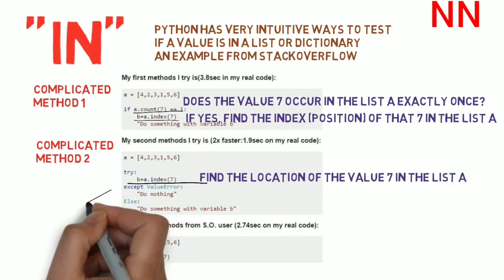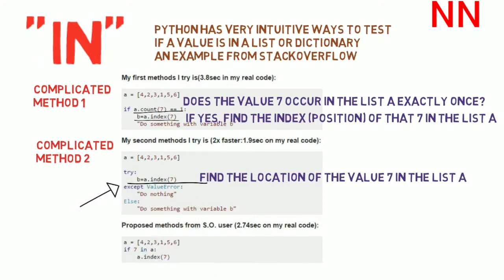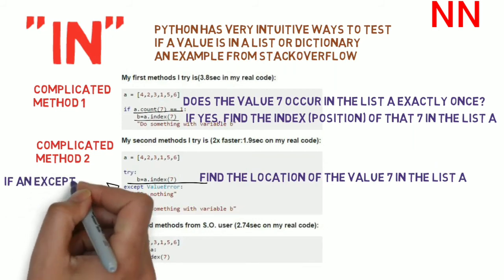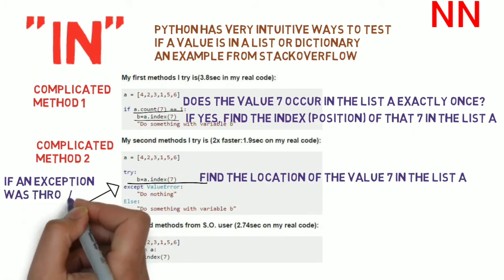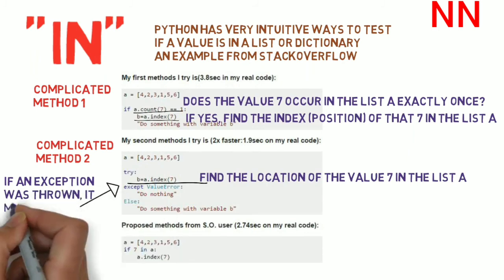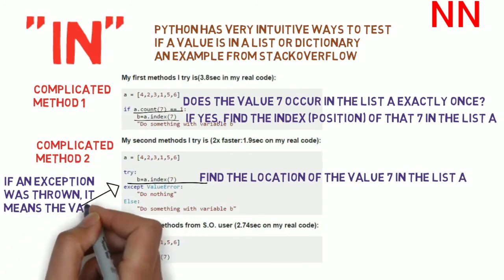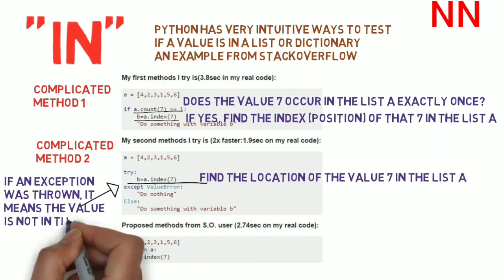So this is a roundabout way of checking whether a value is in a list or not, by seeing if an exception is thrown when you try to find the position of the value in that list.